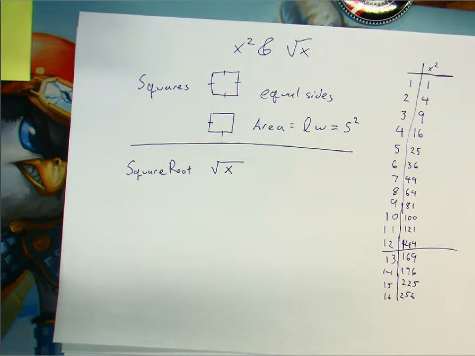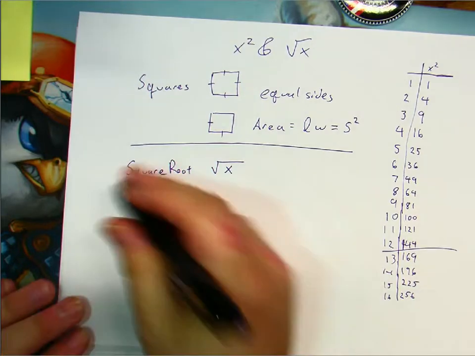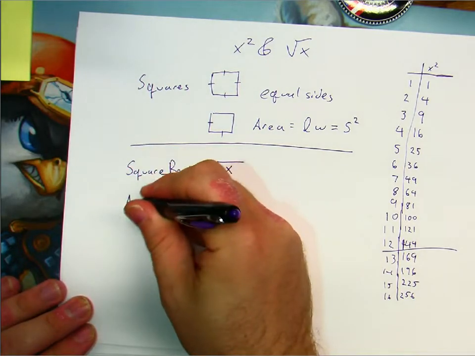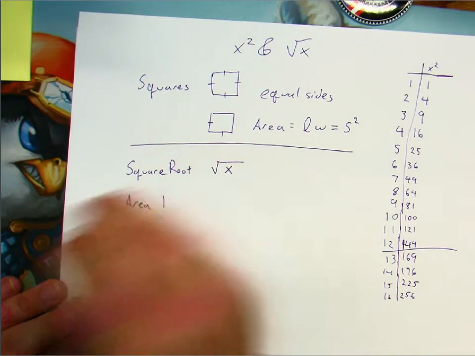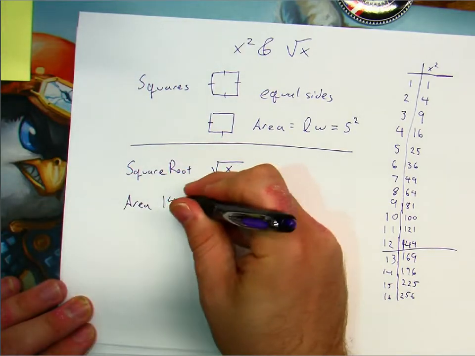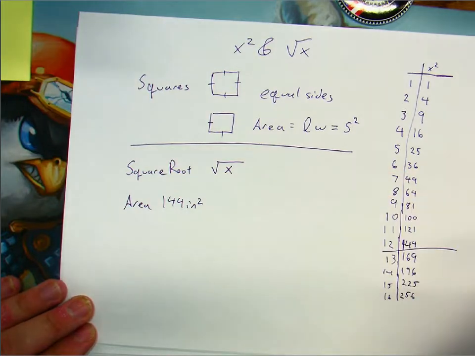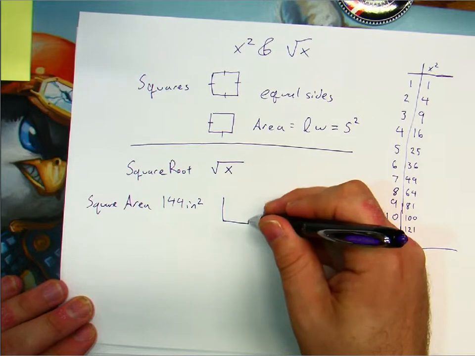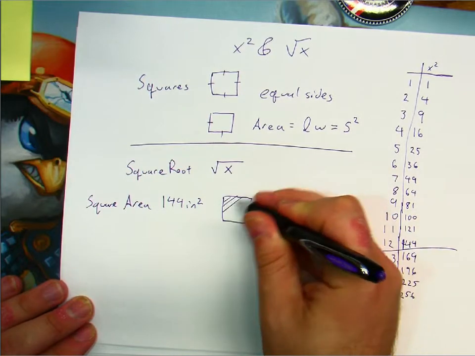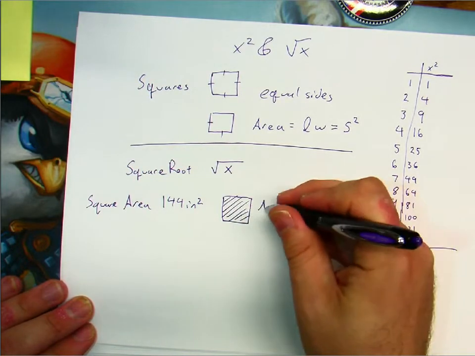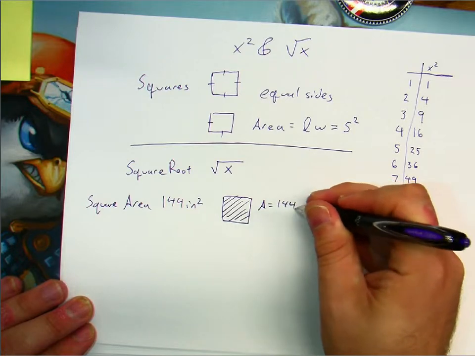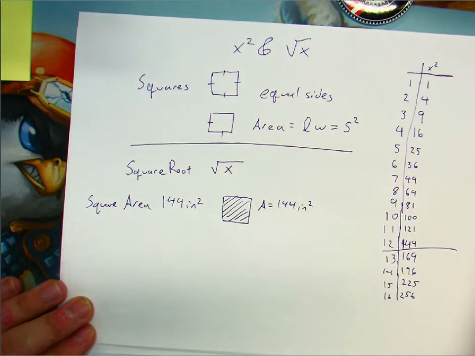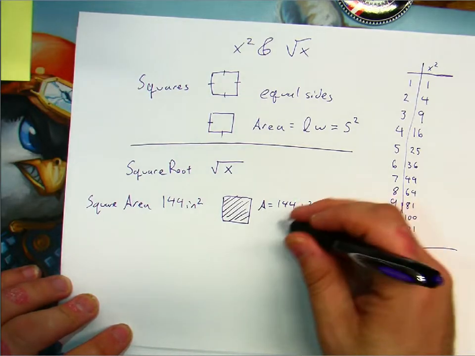The square root is important too, because if you look at your pre-assessment, one of the problems I gave you was there is a square with the area of 144 inches squared. So we have this square, and I know that the area inside of it, A equals 144 inches squared. And I believe the question was, what is the perimeter?